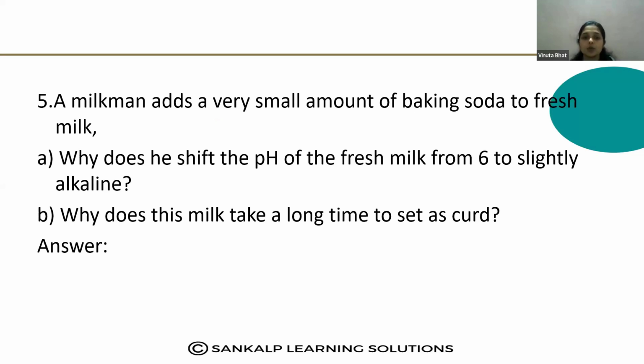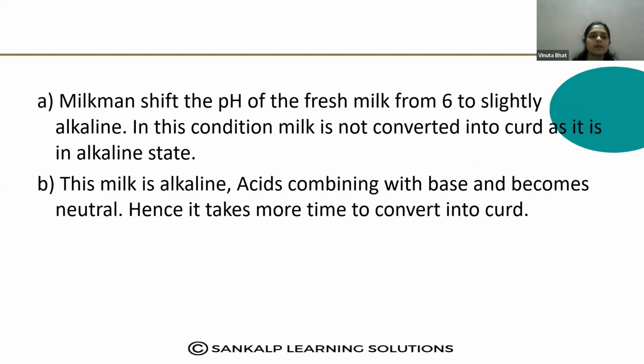Okay. So why does this milk take a long time to set as a curd? That is the question. Here, the milkman shifts the pH of the fresh milk from 6 to slightly alkaline. In this condition, milk is not converted into curd as in the alkaline state.